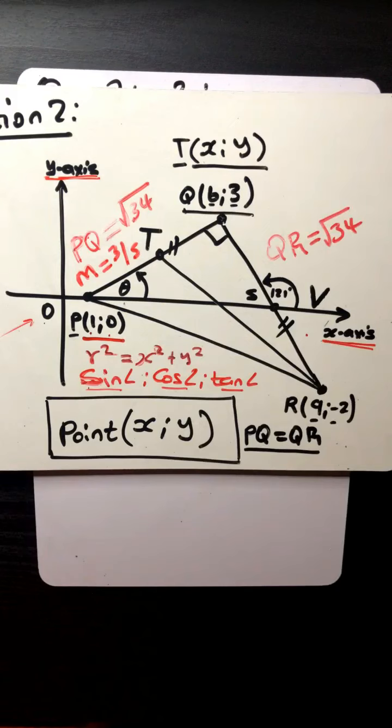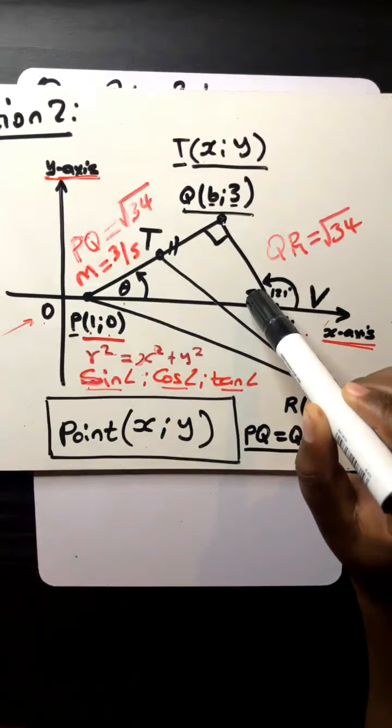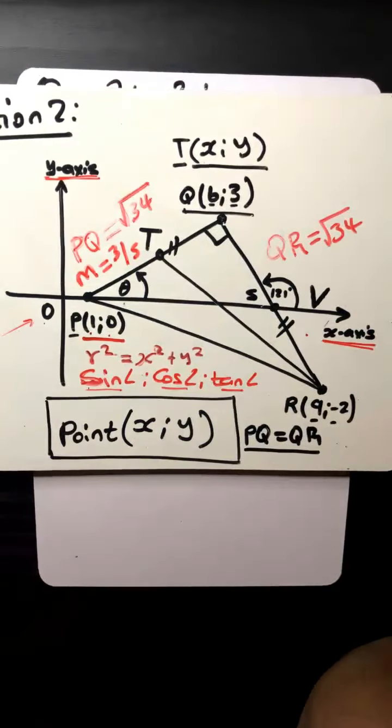Although you might be right, give me a reason for us to use the midpoint formula, because in the statement they did not say S is the midpoint of QR, isn't it? You must have a reason why you would use a midpoint formula.